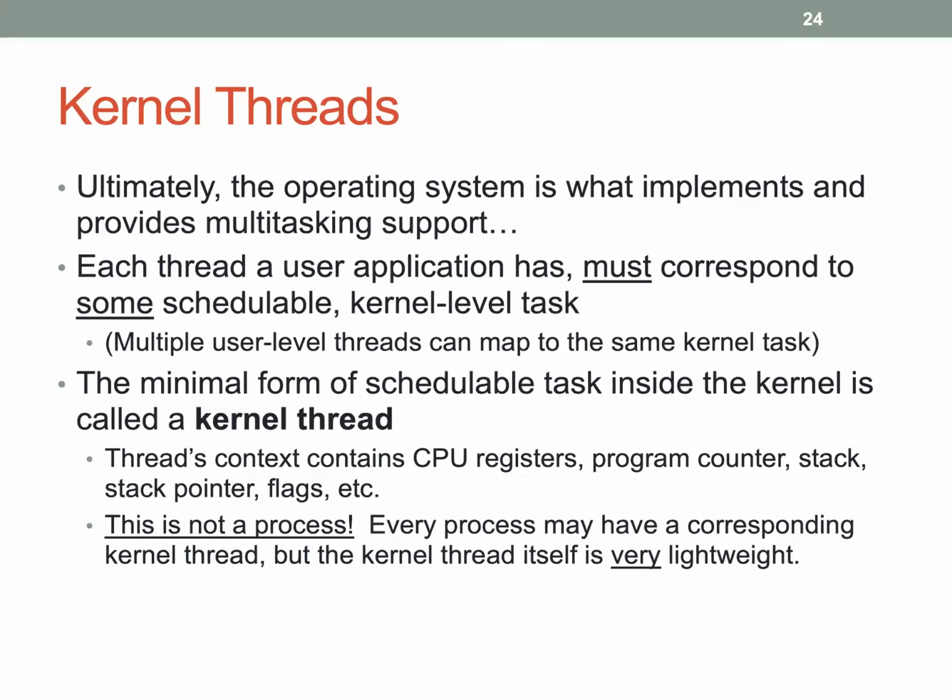Some of those kernel threads are associated with processes, or they will be associated with user threads in processes. But the kernel thread is the thing that the OS kernel actually manages.